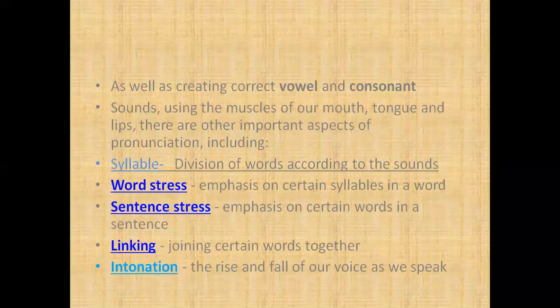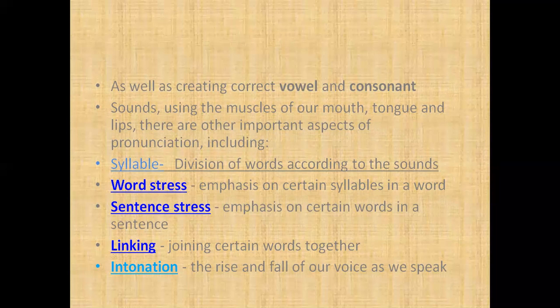As we all create correct vowel and consonant sounds using the muscles of our mouth, tongue, and lips, there are other important aspects of pronunciation. We can't just pronounce the word because of lungs or mouth or lips or nose, but these things are also very important. What are these things? One is syllable, another is word stress, next sentence stress, linking and intonation.